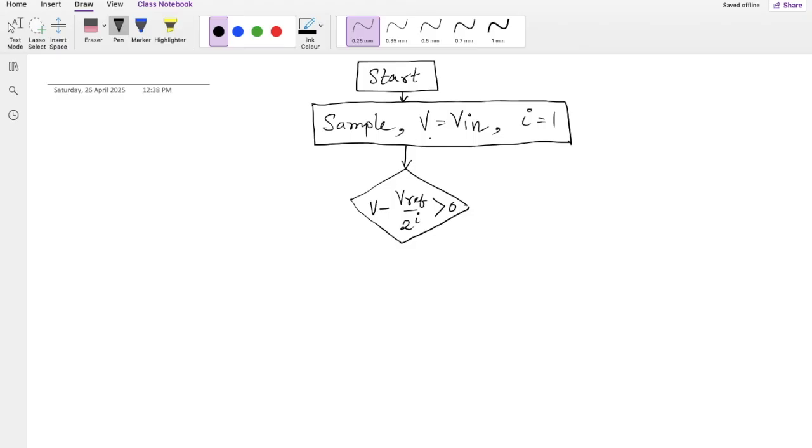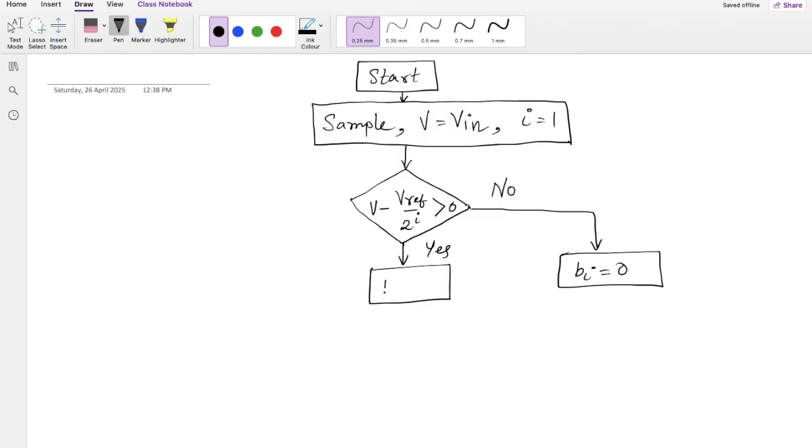Basically here V equal to minus Vx. If this is no, then we know that Bi equal to 0. If it is yes, if it is greater, then we know that Bi is equal to 1.